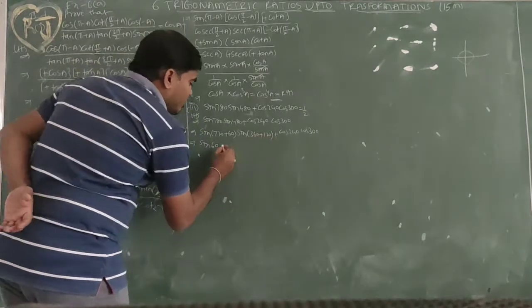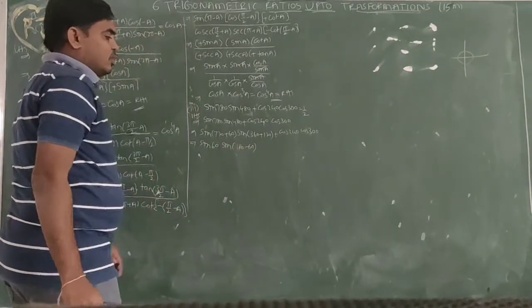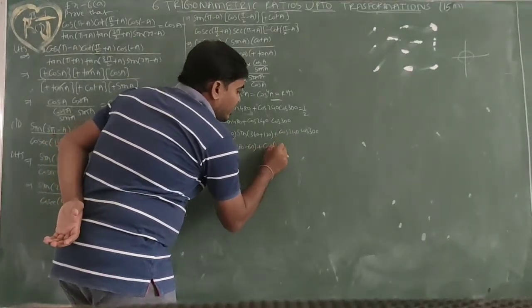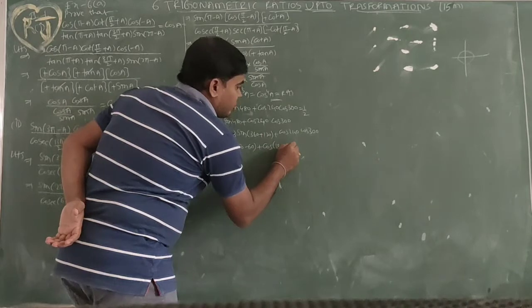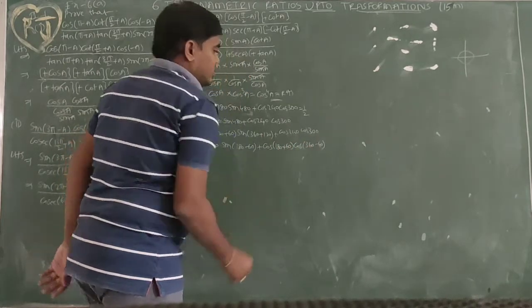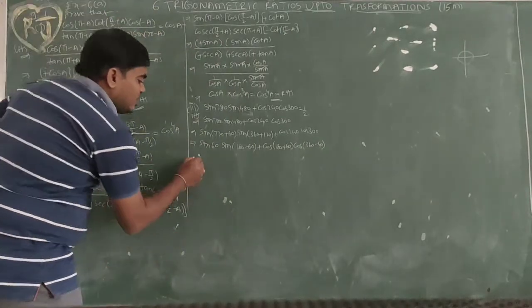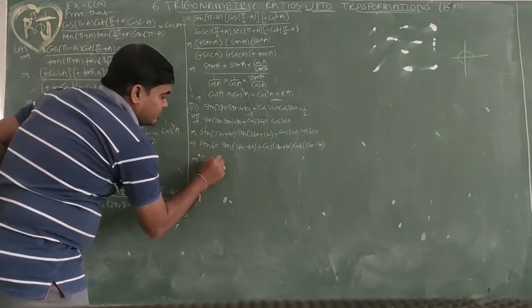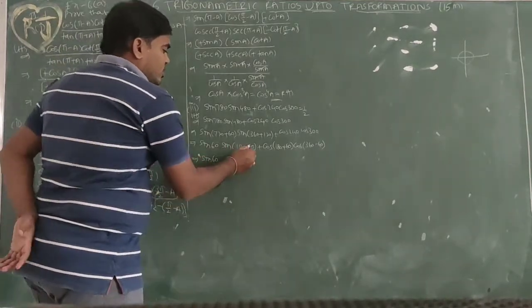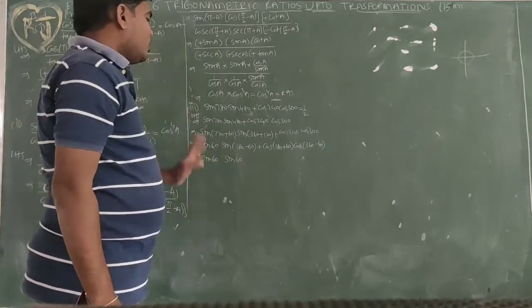Sin 60. This 120 I want to write as sin(180 − 60). This is cos(180 + 60). This is cos(360 − 60). So I want to convert into quadrant angles. So sin 60 as it is, for 180 sin will become sin. So sin 60, second quadrant it is positive, so plus.